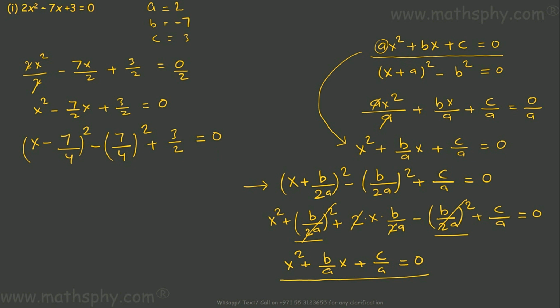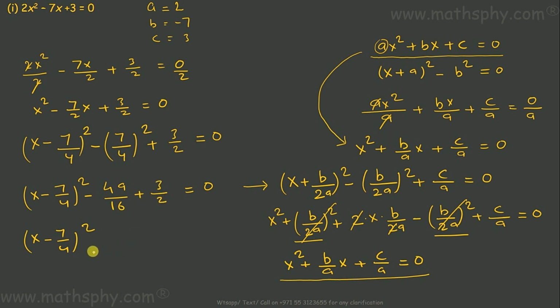Now let's solve this. X minus 7 over 4 whole square minus, this will be 49 over 16 plus 3 over 2 equals 0. X minus 7 over 4 whole square minus 49 over 16 plus 3 over 2.